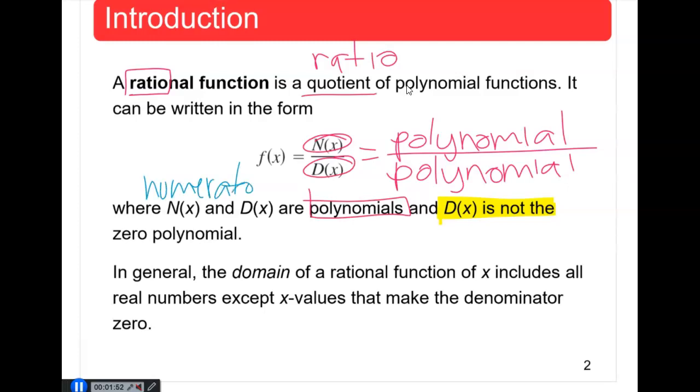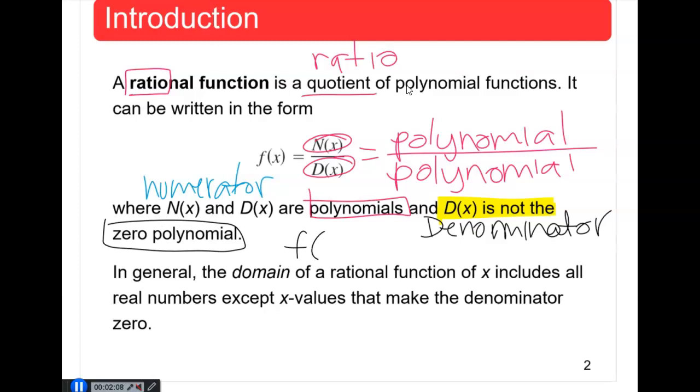and d for denominator. So we have to be very careful that the denominator is not the zero polynomial, meaning a function or a polynomial that equals 0.